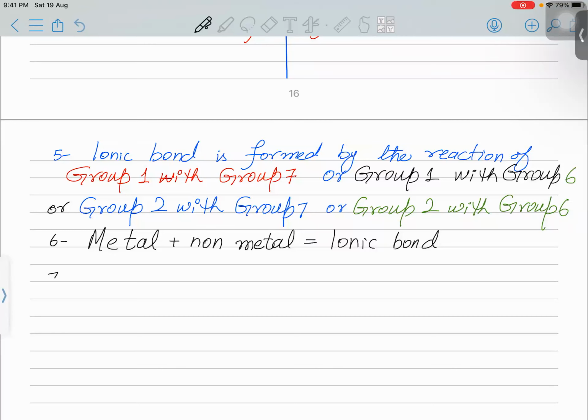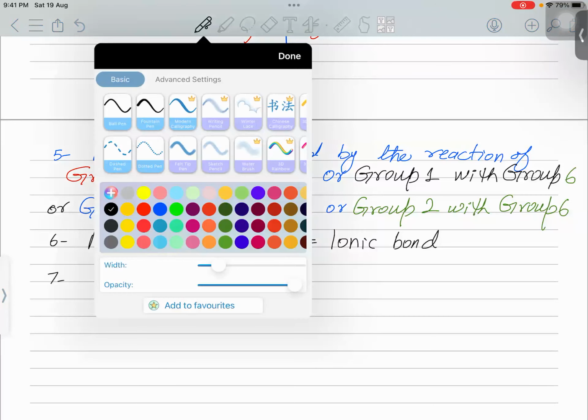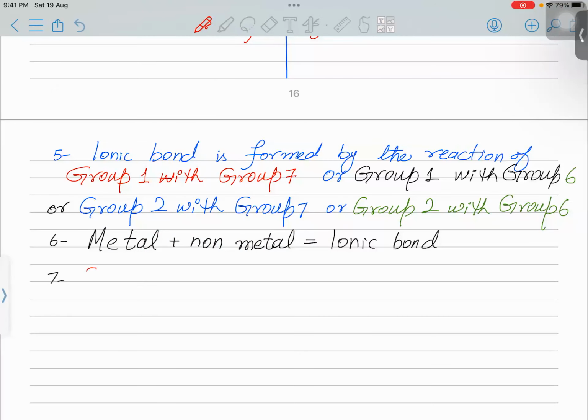So point number 7: group 3 forms sometimes ionic, sometimes covalent. Covalent is another kind of bond. We will discuss later, right?